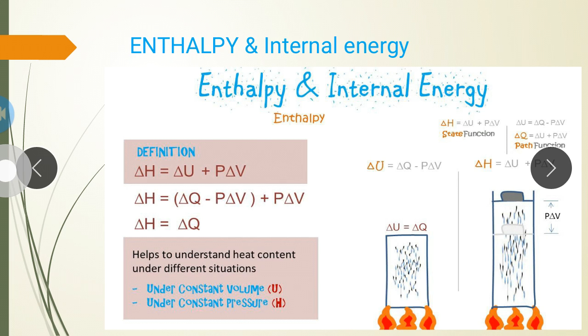Okay, so what is enthalpy? Enthalpy and internal energy need not be equal. Change in enthalpy is equal to change in internal energy plus some other value, P delta V. If this term becomes 0, then what will happen? This delta H will be equal to delta U. Okay, so delta H will also be equal to delta Q.